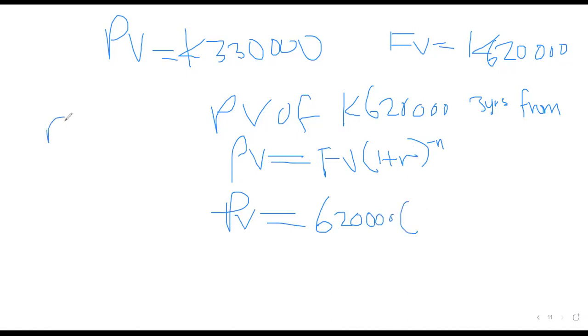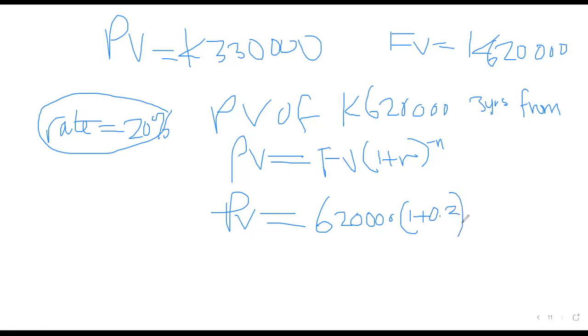Then our rate is 20%, so that will be 1 plus 0.2 to the power negative what? Negative 3. So our present value is 620,000 times 1.2 to the power negative 3.